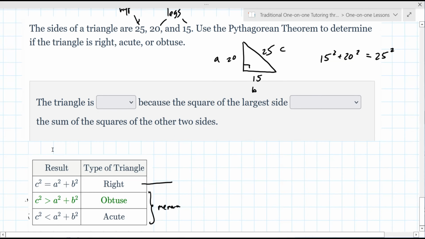But in terms of answering this question, the first drop down is one of these options. This is obviously a right triangle, okay? And it's because the square of the largest side is exactly equal to the sum of the squares of the other two sides.